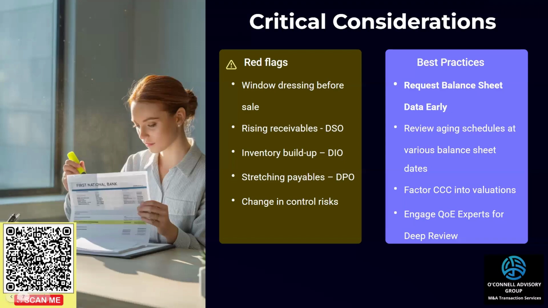Maybe if the DSO is high, or if the inventory days are high, then you'd want your team to focus on that and see if the quality of earnings, the adjusted EBITDA, has to be brought down for these red flags. And lastly, we have an example in the next slide.